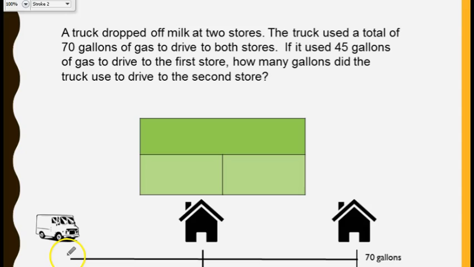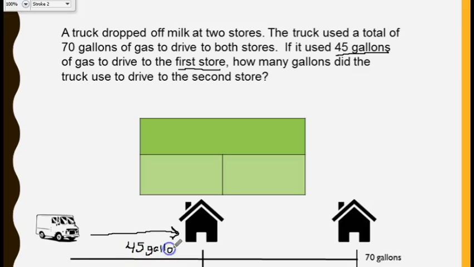So he's going to start here and drive all the way down here, and by the end he's going to use 70 gallons of gas. Okay, so what else do we know about this? It says he used 45 gallons to drive to the first store. So we know from here to here there was 45 gallons.